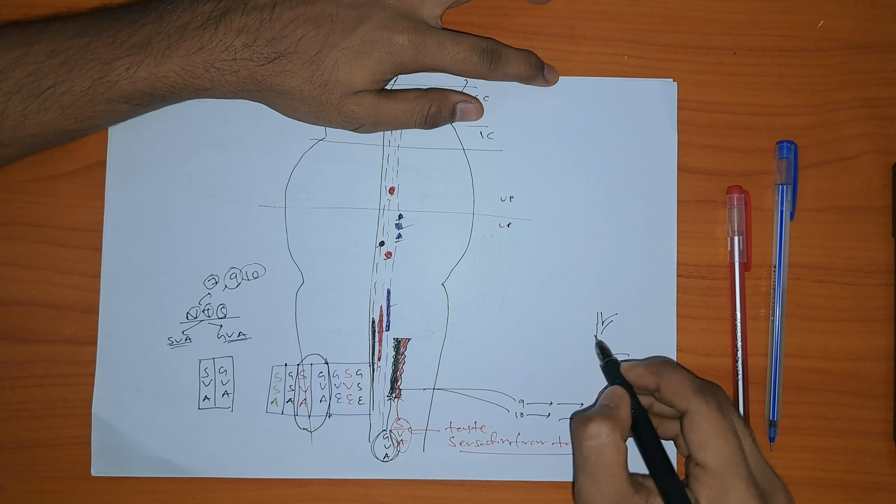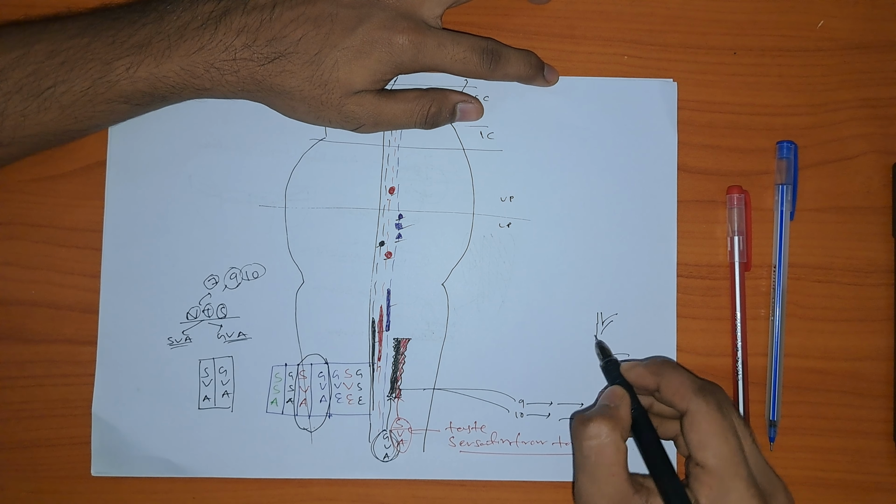Now the chief sensory nucleus of trigeminal is located here. And down to spinal cord level C2 from the medulla, it is the spinal nucleus of trigeminal. So this is a line.